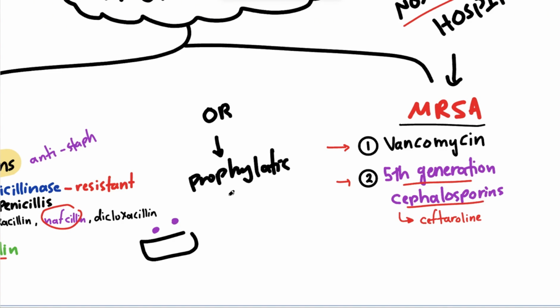So if a patient is going to go through surgery where you're going to cut through the skin, then this bacteria has the opportunity to cause an infection. And to stop that, we give 1st generation cephalosporins, and that is either cephalexin or more commonly cefazolin.